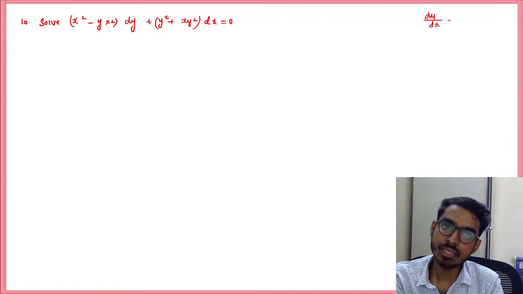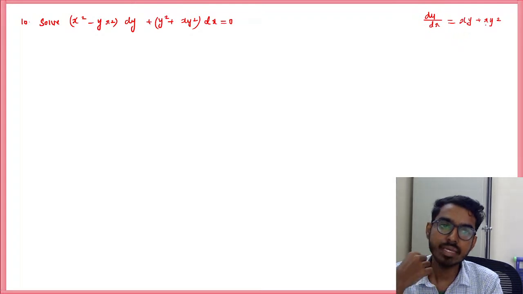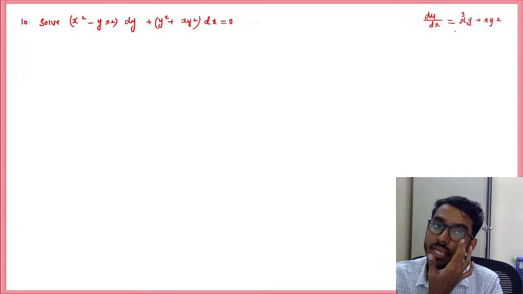dy by dx is equal to xy plus y plus xy square. Now you can see it is not possible to separate. Is it possible to separate? Take xy outside. Here it is possible. Let's take x cube y, right? Now you can see it is not possible to separate x and dx, y and dy to the other side.